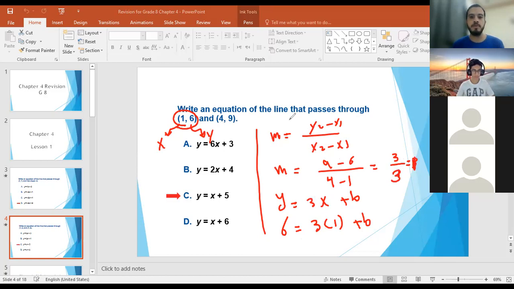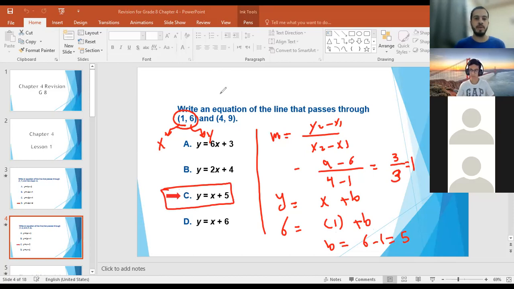So this is 1x, which is x. Then 6 equals 1 plus b, then b equals 6 minus 1 equals 5. So that is the answer. Okay. Thank you, Qusay.